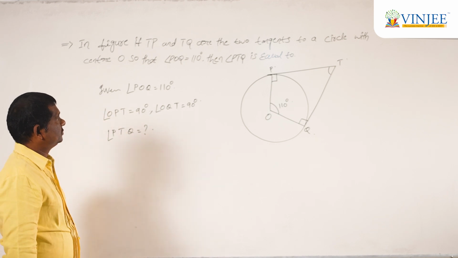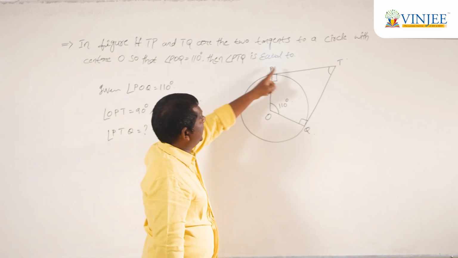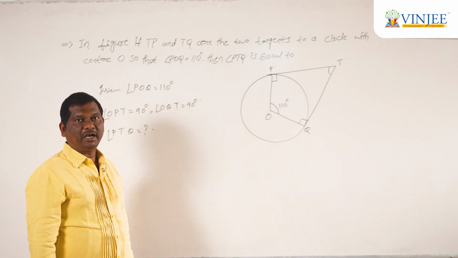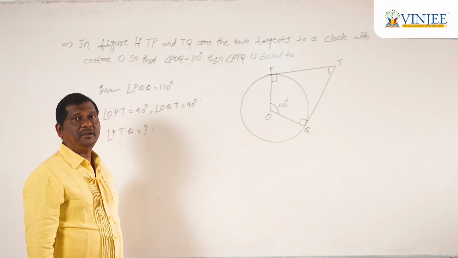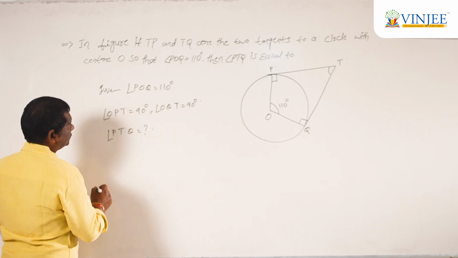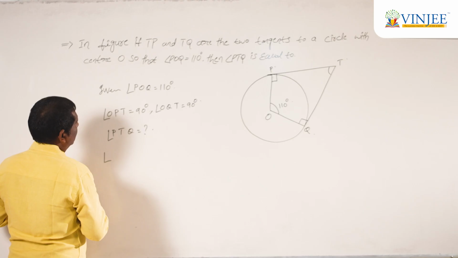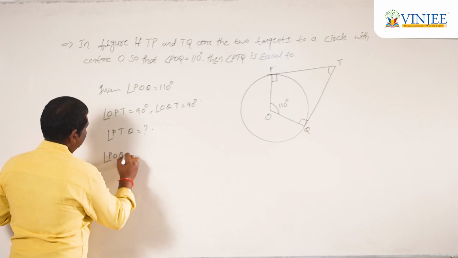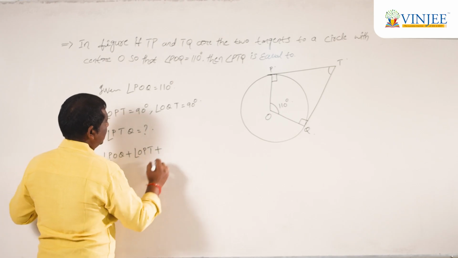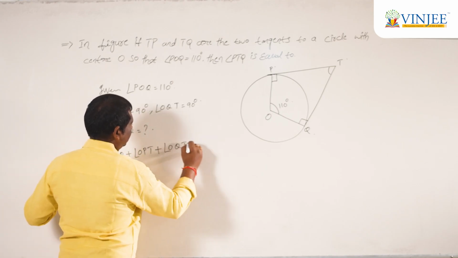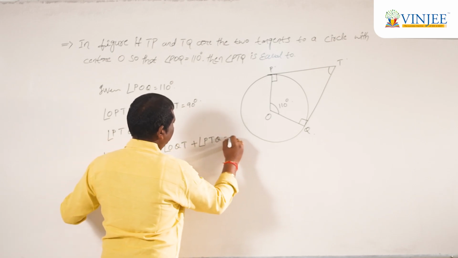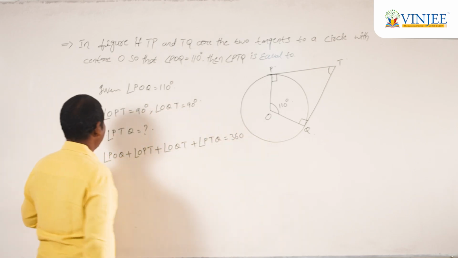Now here OPTQ will become a quadrilateral. In a quadrilateral, sum of the angles will be 360 degrees. Therefore here angle POQ plus angle OPT plus angle OQT plus angle PTQ should be equal to 360 degrees.